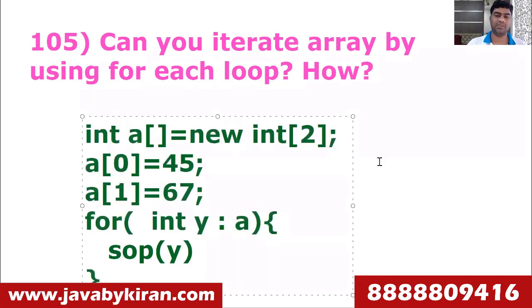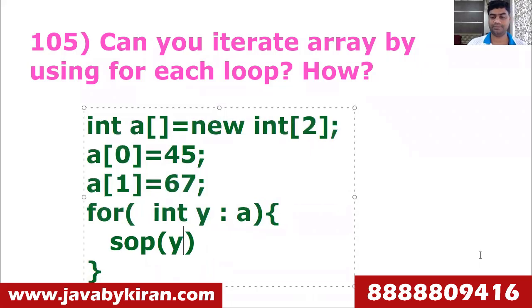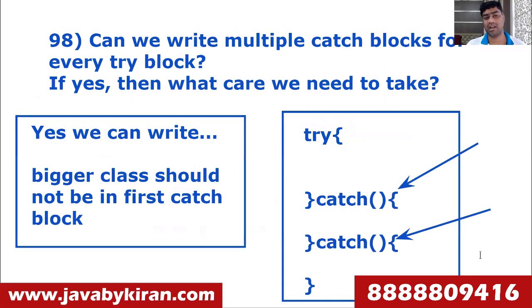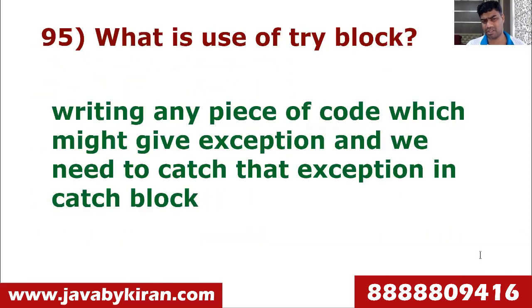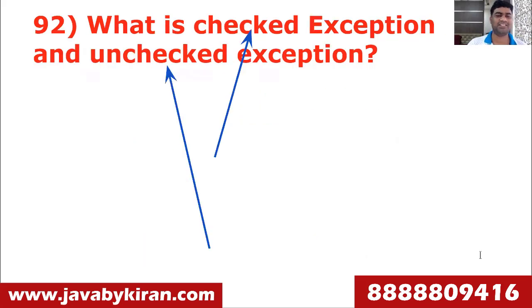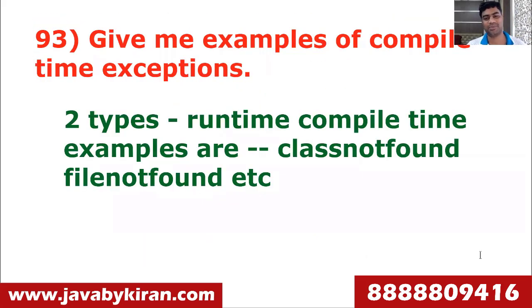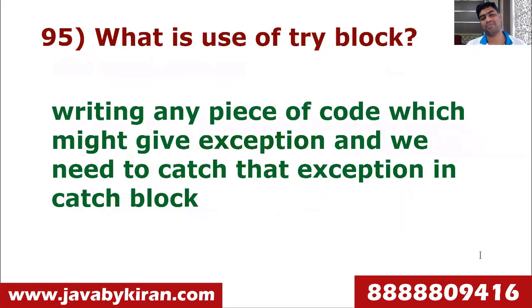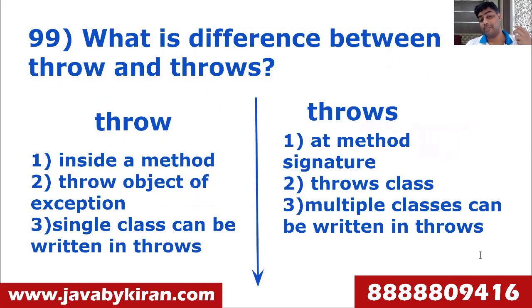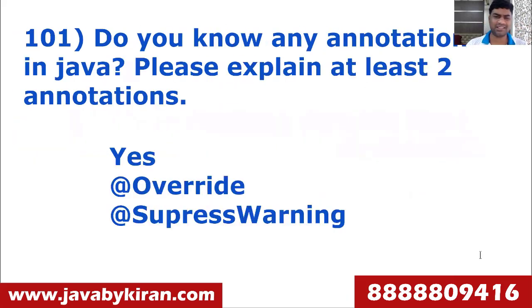It's very simple. So guys, I hope you got one idea how to answer questions and what questions might be asked. These are the basic level questions, guys. For freshers, they are not expecting big, huge logic, rocket science. They don't expect you to develop rocket science, or they don't want you to launch a satellite. They just want you to know what is an exception, examples of runtime and compile time, what is try, what is catch, again, what is the difference between throw and throws, like the simple questions.